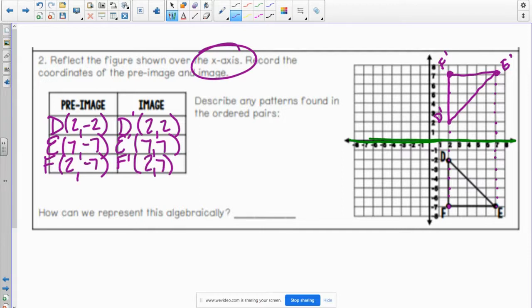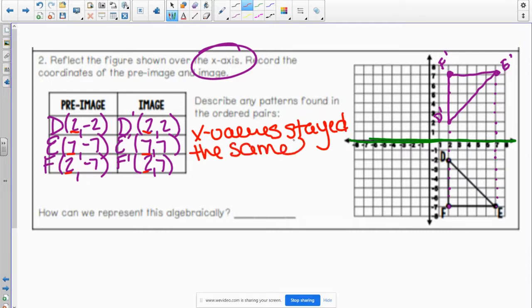So what do we notice? Well, we notice, let's look at the x's here. 2, 7, 2, 2, 7, 2. The x values did not change or remained the same. And we're going to look at the y values.